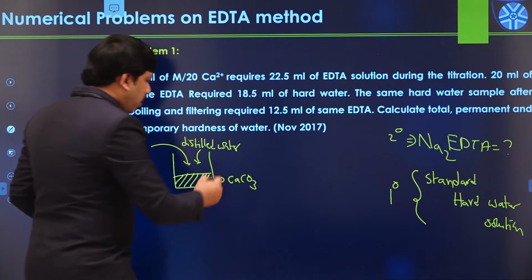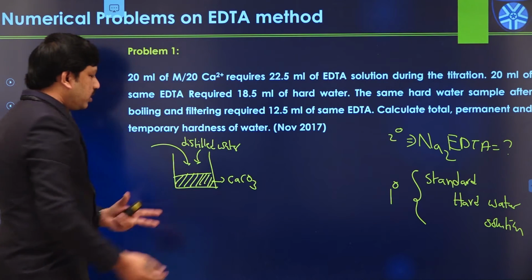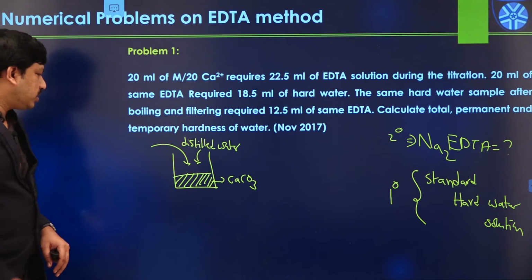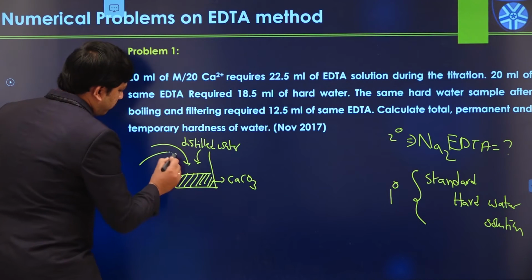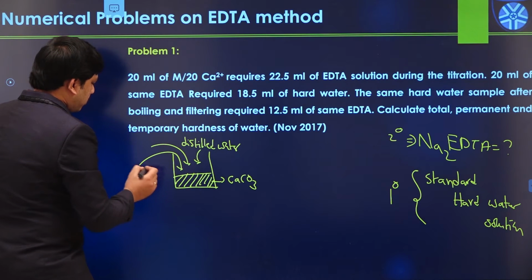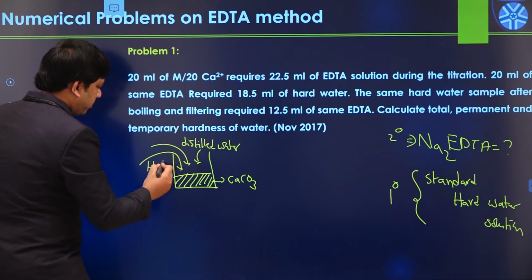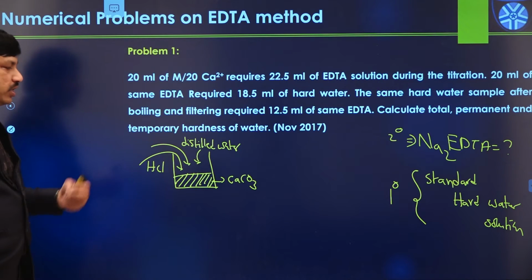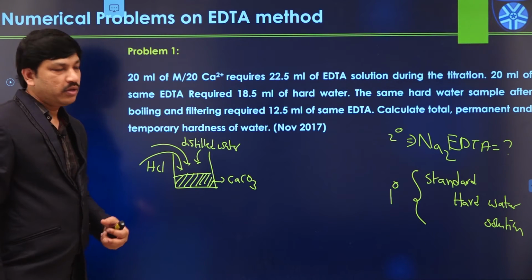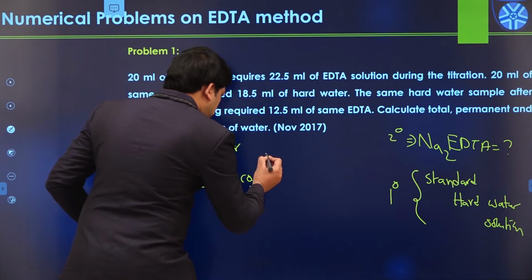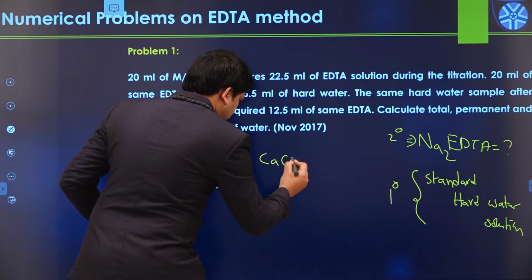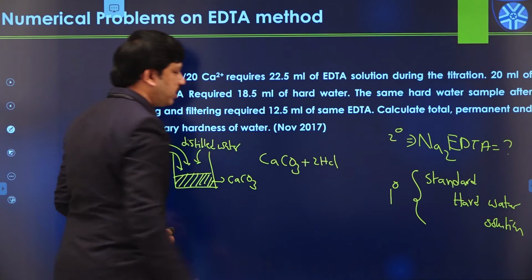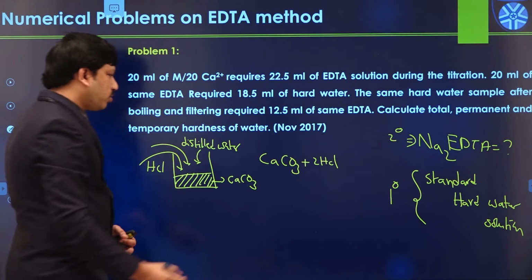So in order to solubilize this compound in water medium, just add a little amount of HCl solution, direct HCl solution. Then what will happen? This calcium carbonate reacts with HCl.